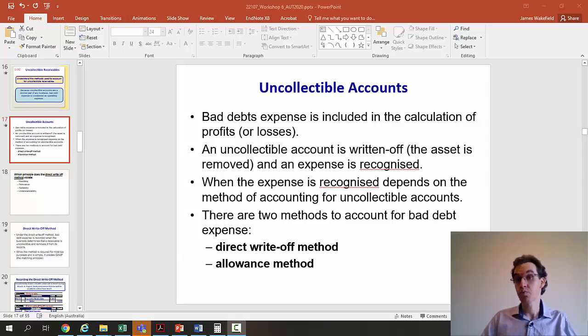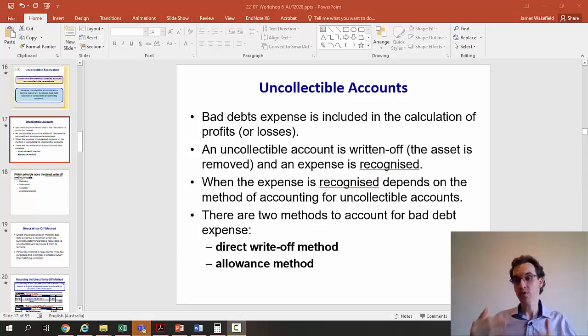Now, one of the key reasons why we need to reflect the bad debt expenses in our income statement is they are an expense associated with generating revenue. So if a business offers their customers finance options, they can expect that they're going to generate higher amounts of revenue, and therefore, as a result, they're going to have more bad debt expenses.